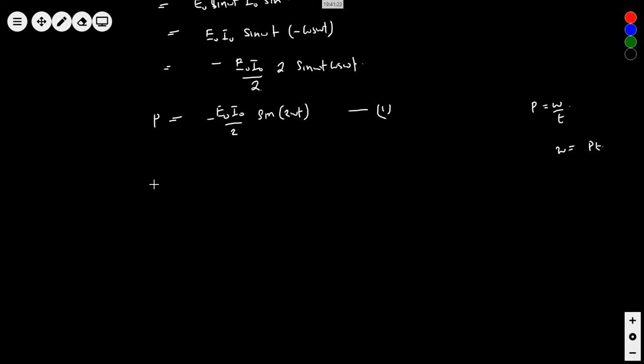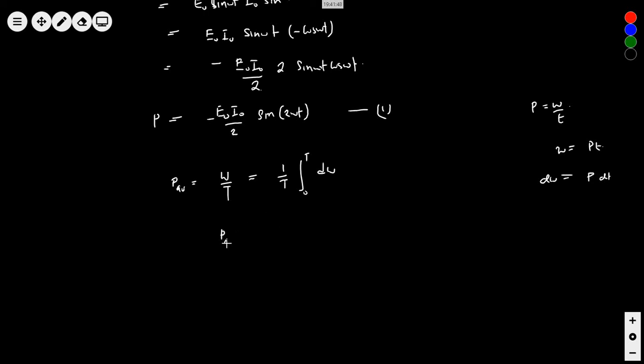So average power I can write as work done by T, which we can write as 1 by T integral from 0 to T of dW. What will be my dW? dW would be P dt.